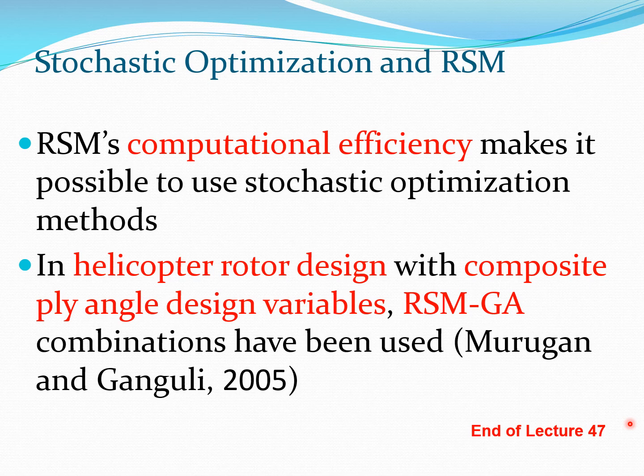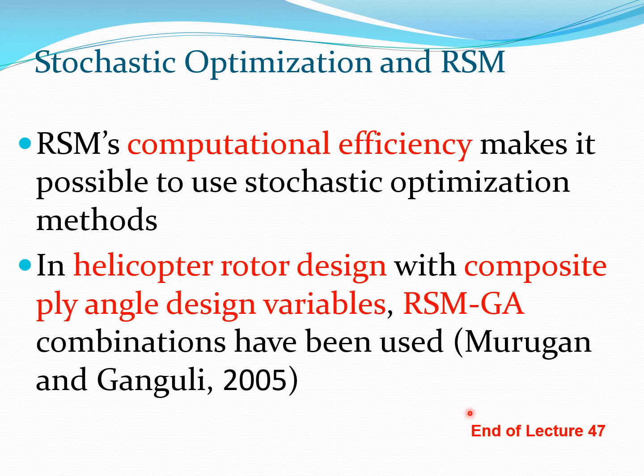But one of the things which restricts them is that they can take a lot of computer time because of function calculations. But now that your functions are simple polynomials, it's not a big problem to calculate these particular values, and therefore any kind of stochastic optimization methods can be used here, like particle swarm or genetic algorithms or Firefly and so on. So again, that is something which is useful.